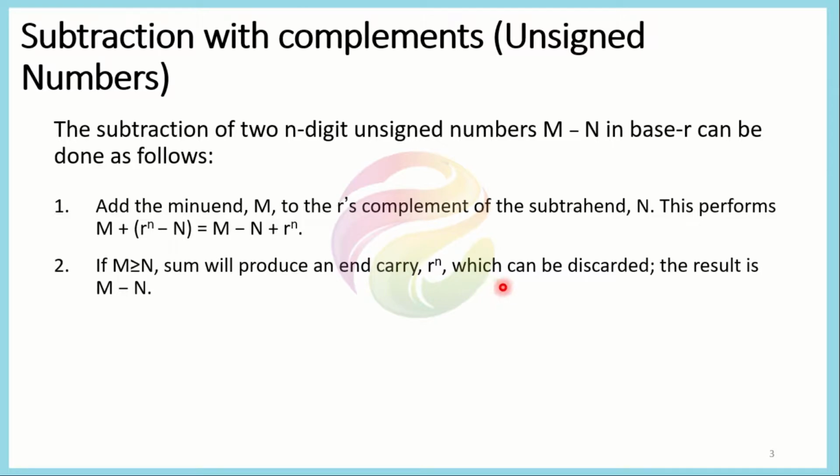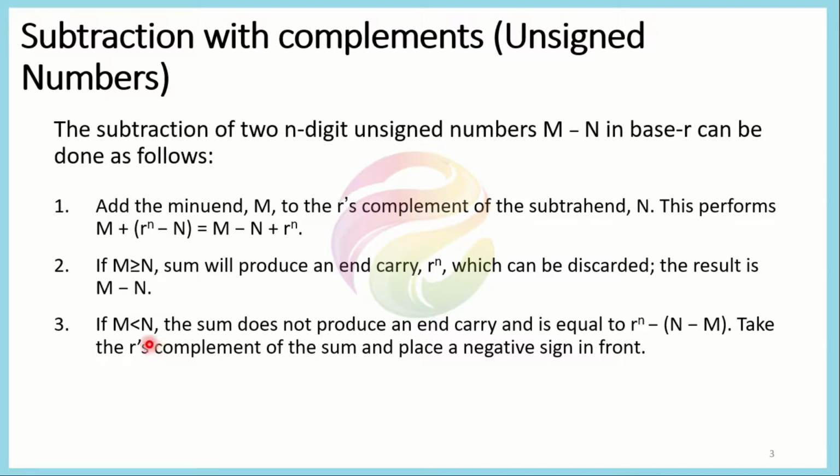To get the complete result, we will just discard that end carry, and the final result will be equal to m minus n. So whenever we have m greater than n, the result will always produce an end carry, and end carry means a carry from the last, the most significant bits that we are adding. We will just ignore that carry, and the remaining will be the result of our m minus n subtraction.